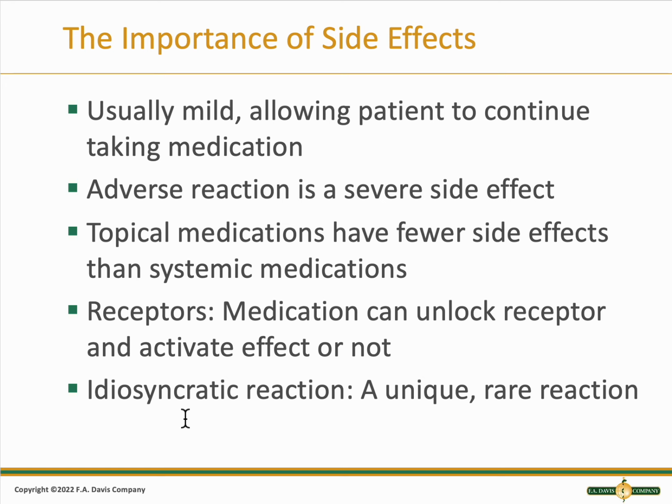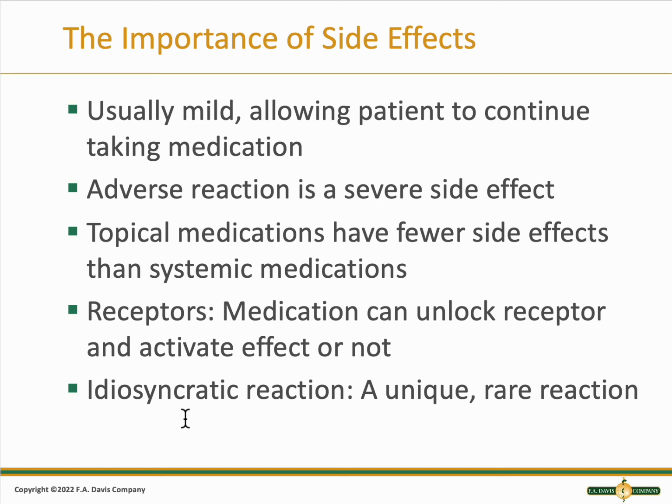Topical medications have fewer side effects than systemic medications because they're not absorbed into the blood. So remember, topical medications just go on the skin. One of the more benign, simple, and safe, quote unquote, drugs is something like aloe vera, which you put on your skin for burns.